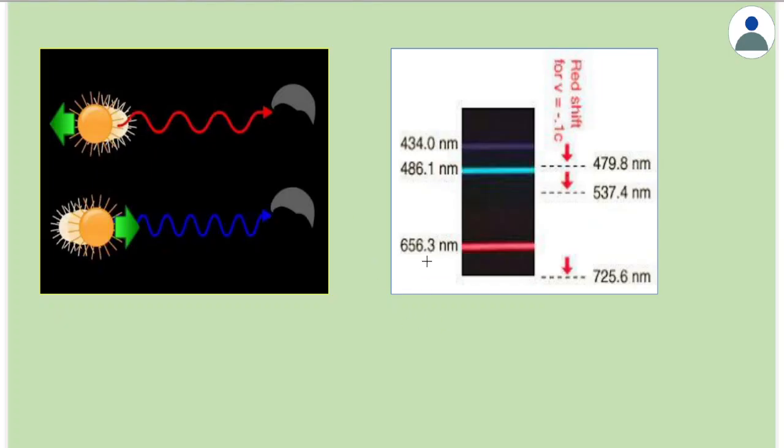As given here, we have an example where a source is moving away from the observer at the speed of 1c. Keep in mind that the formula we learned, delta nu by nu is equal to v radial by c, is true only for small speeds of the source.